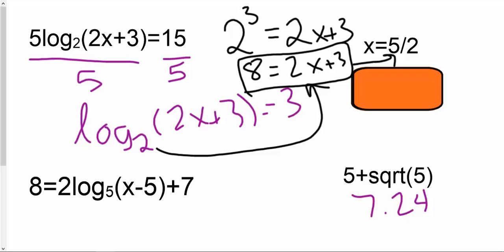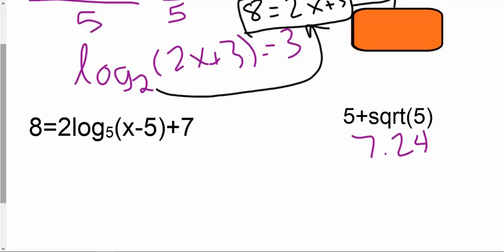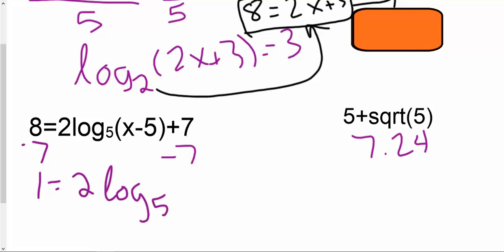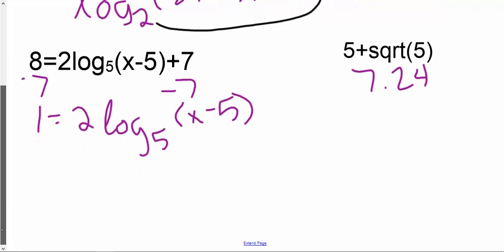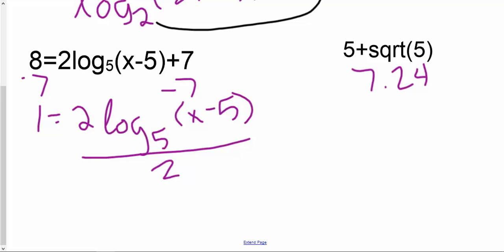For the next problem, what we're going to do is, this time we have to subtract 7 first. So we get 1 equals 2 times the log base 5 of x minus 5. Now we divide by that coefficient of 2, both sides.